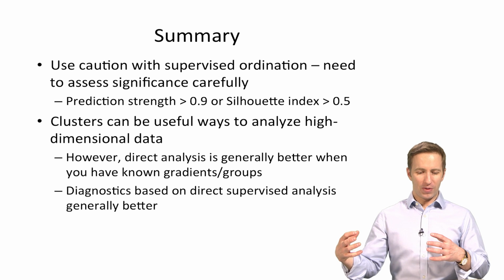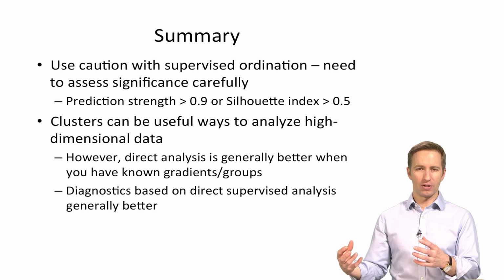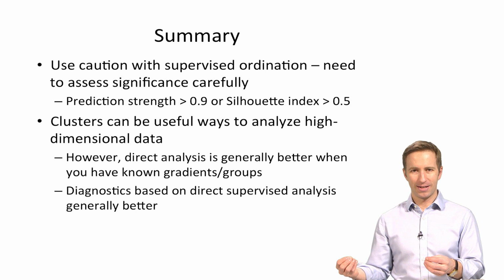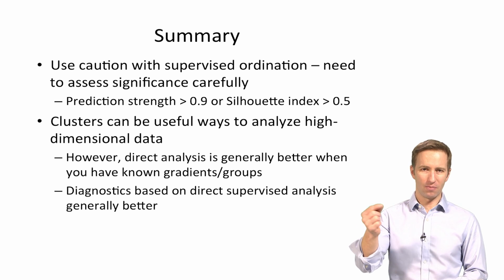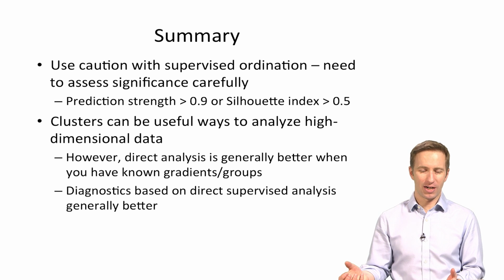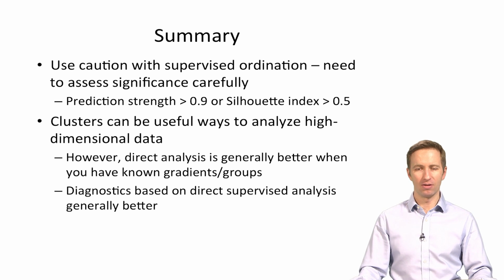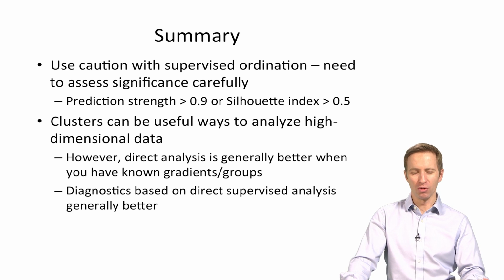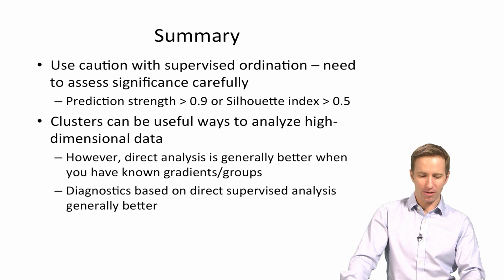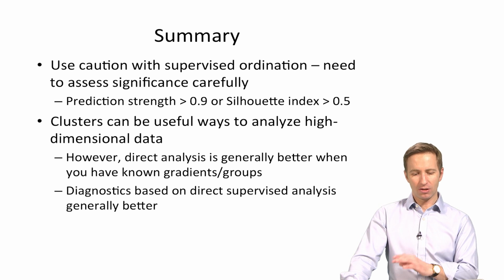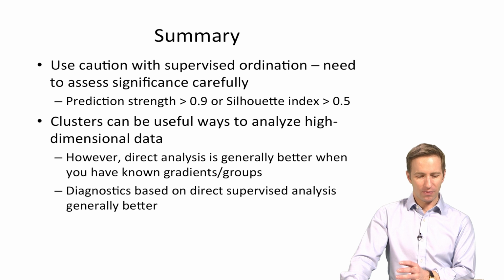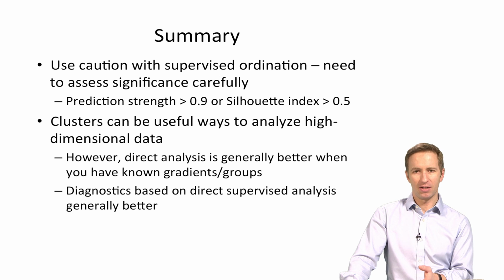If clustering a subset of your data reproduces the clustering memberships with 90% accuracy, I mean, it's sort of whatever you're comfortable with. There's no rule here about what you can get away with. And if you're using silhouette index, it should be above 0.5, although we've seen that that can be underpowered.